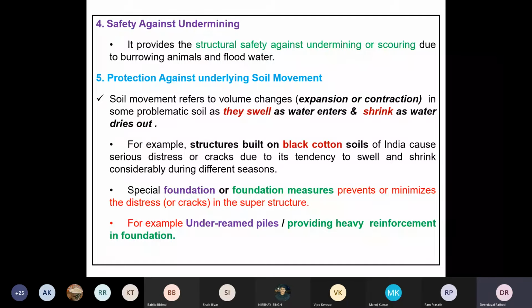Always we should see that this foundation is laid on a sandy soil or a gravelly soil. If the structure is built on black cotton soil, what happens? You could see swelling and shrinking because of the montmorillonite mineral in the clay type of soil. So in that case, we will provide some special foundation like pile foundations and so on, or under-reamed piles also will be provided.